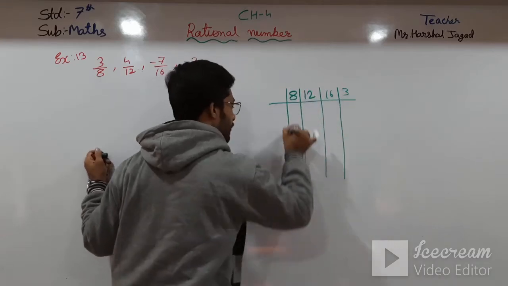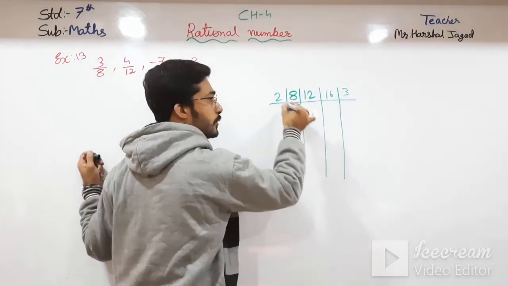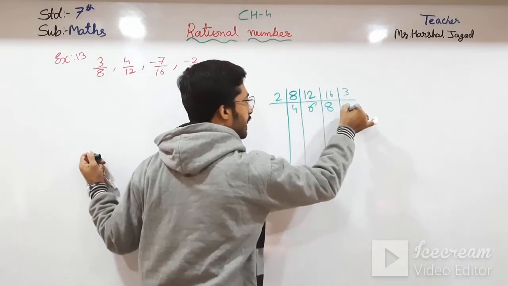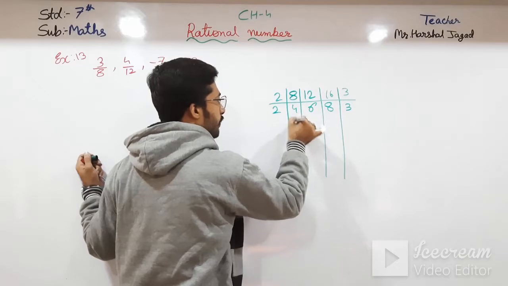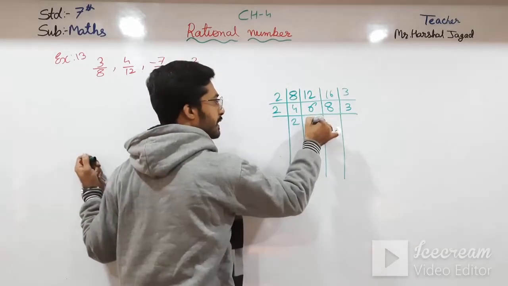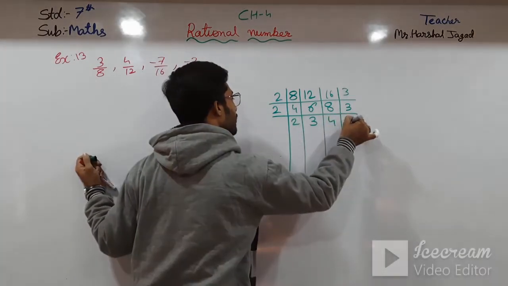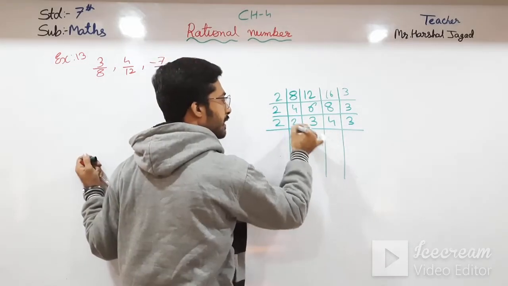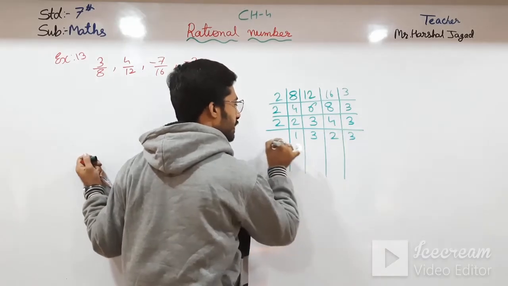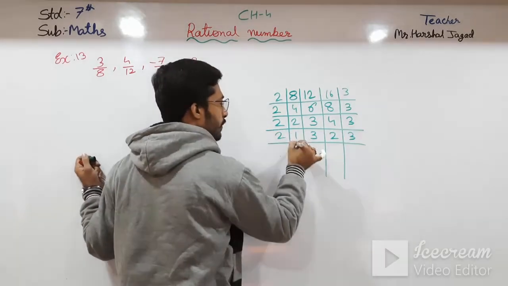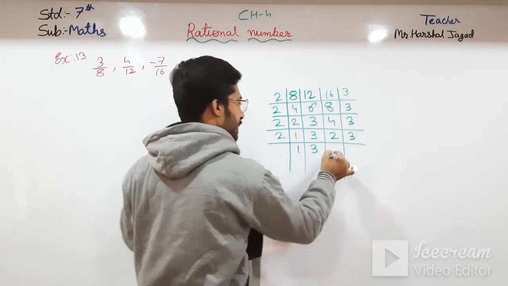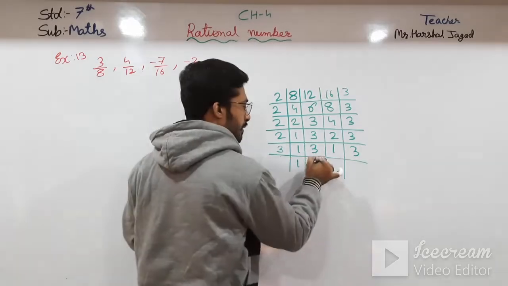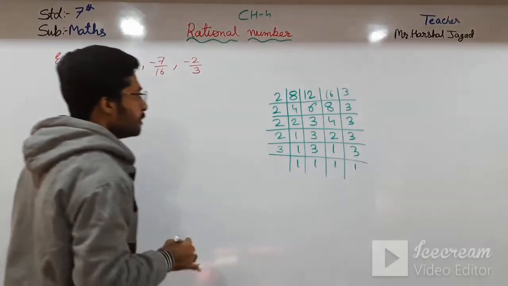First we start with 2. 2 fours are 8, 2 sixes are 12, 2 eights are 16, 3 as it is. 2 twos are 4, 2 threes are 6, 2 fours are 8, 3 as it is. 2 ones are 2, 3 as it is. 2 twos are 4, 3 as it is. 2 ones are 2, 3 as it is, and at last 3 ones are 3.